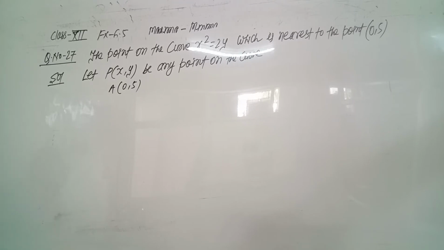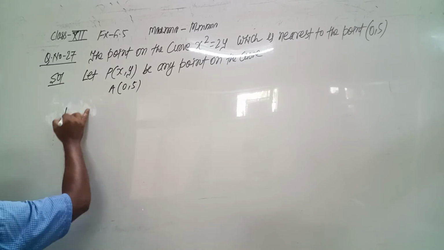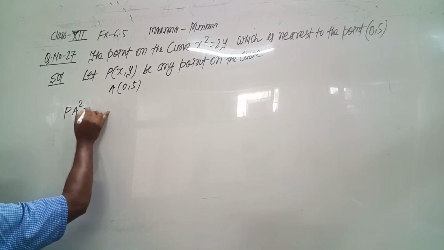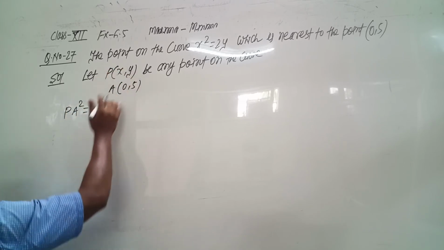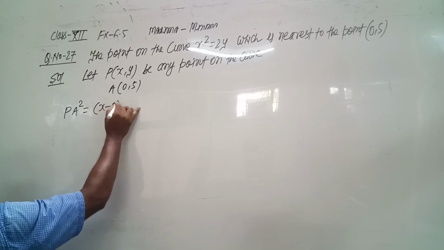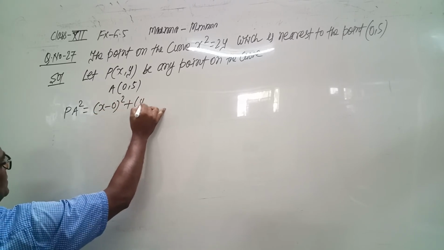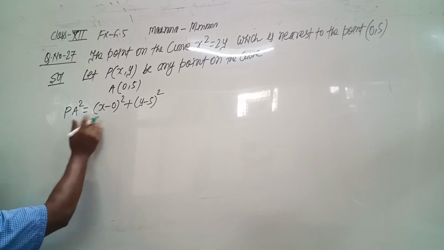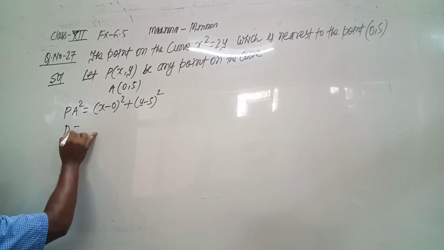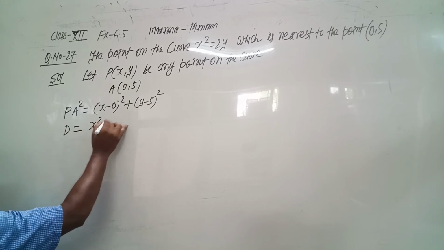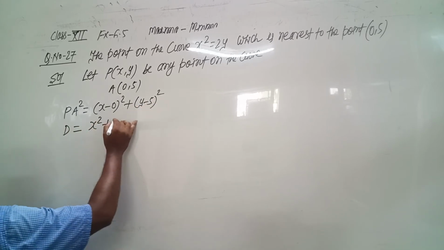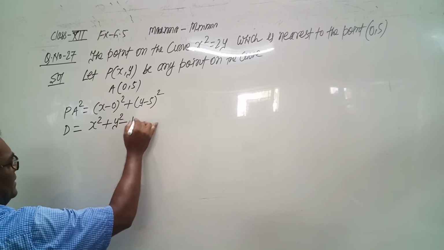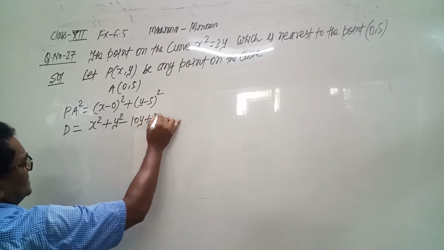Then we find the distance PA² using the distance formula: (x minus 0) whole square plus (y minus 5) whole square. Let PA² be d. So it comes x² plus, expanded in the form a² minus 2ab plus b², y² minus 10y plus 25.